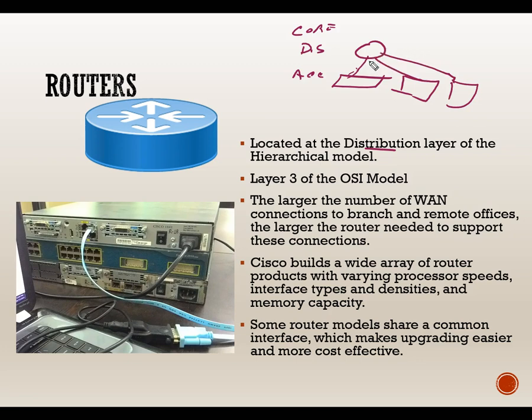We broke up each of our rooms into a LAN, a local area network, so that they were each on their own IP subnet, and then we might go from here to a different location.